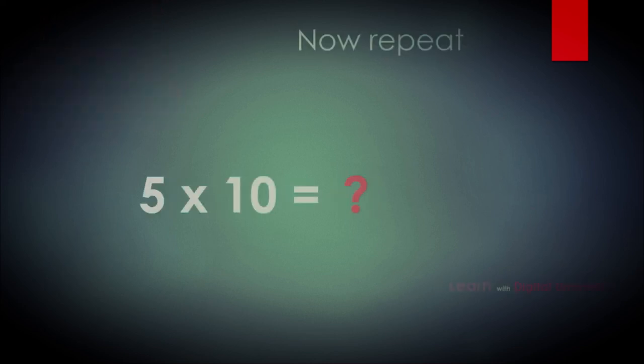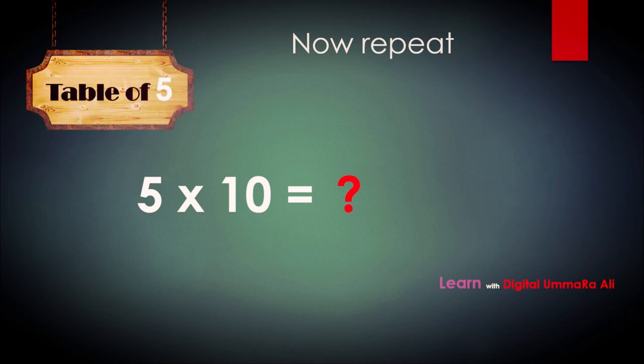Now tell me, 5 tens are, so easy and simple, 5 tens are 50. Yay!